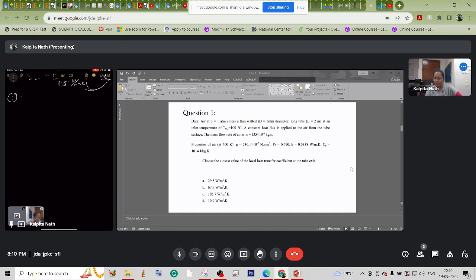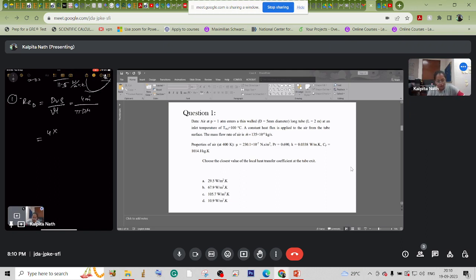So for that, first and foremost thing that we need to do is find the Reynolds number. Reynolds number will be d V rho by mu, and here mass flow rate is given. In terms of mass flow rate, I've already shown you earlier that it will be 4 m dot by pi d mu.